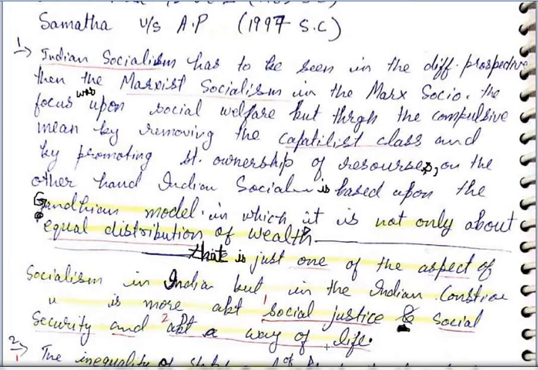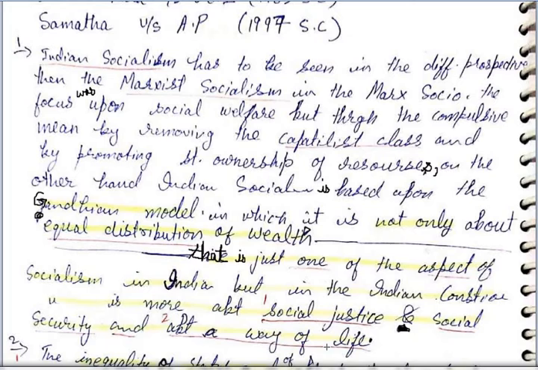In the Marxist socialism, it is redistribution of wealth, state ownership and distribution of wealth according to your work and skills. That is the main aspect in the Marxist socialism. That is the removal of the capitalist class. But in Indian socialism, we are not talking about any that kind.